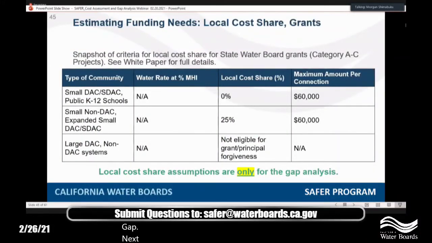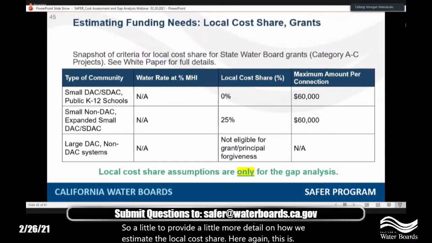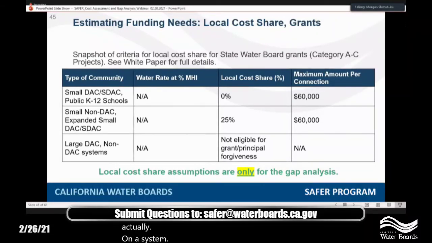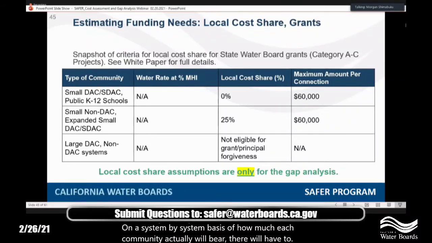So to provide a little more detail on how we estimate the local cost share here. Again, this is only for this gap analysis, and more specifics on a system by system basis of how much each community actually will bear will have to incorporate a lot more detail than this.